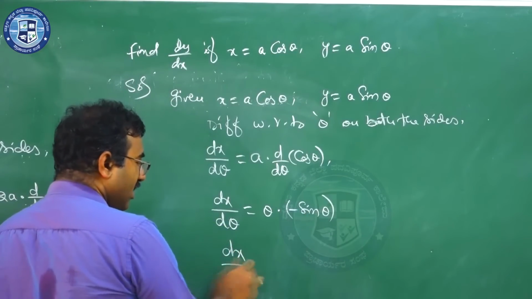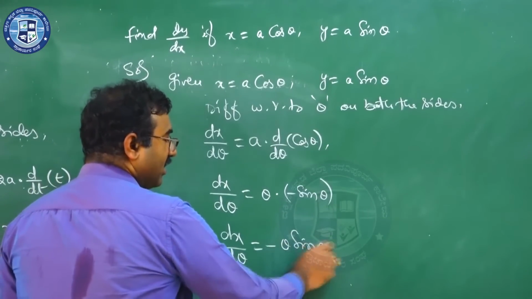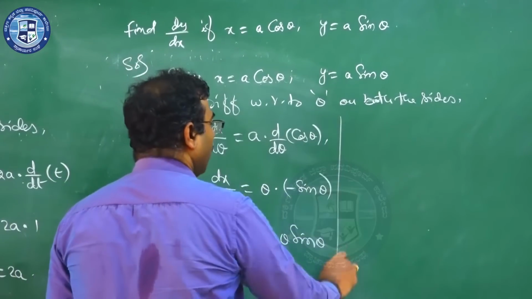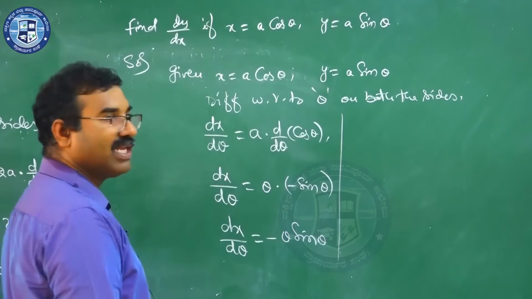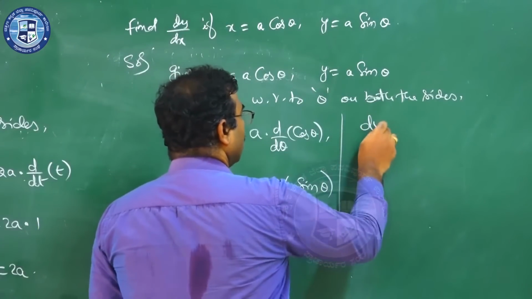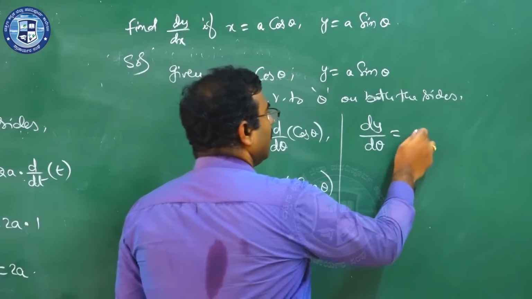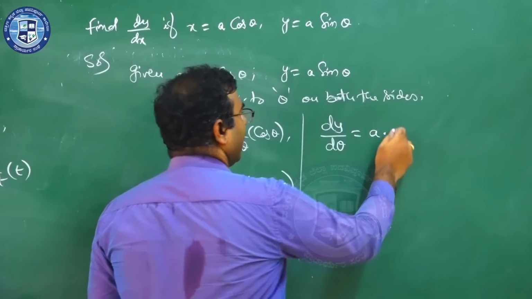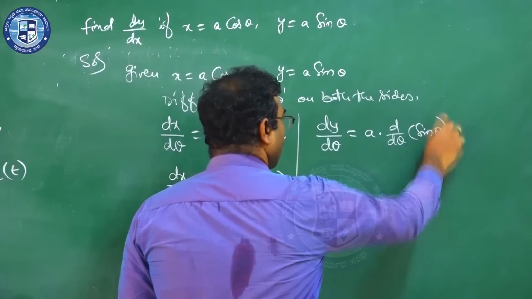So you are getting dx by d theta as minus a sin theta. The same way on this one, y is equal to a sin theta, differentiate with respect to theta now. So dy by d theta is equal to a, a fixed value, into d by d theta of sin theta.